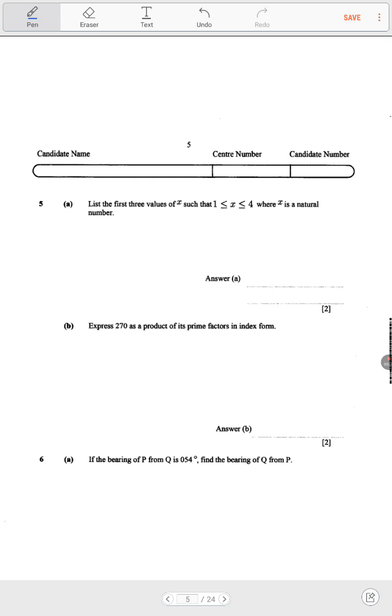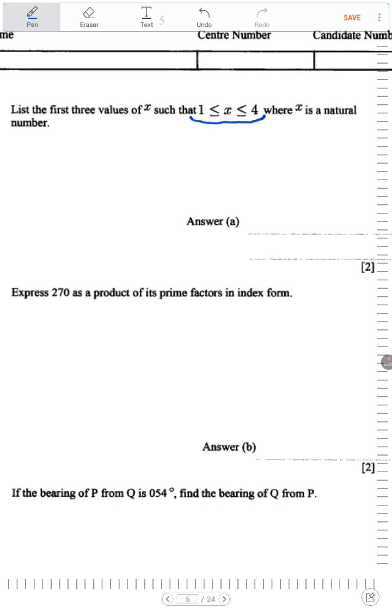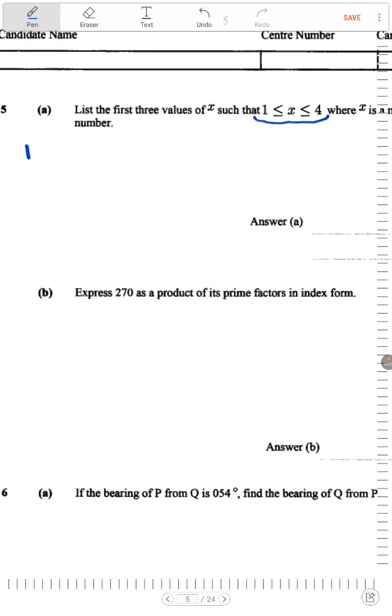Number 5a reads, list the first three values of x such that x is greater than 1 but less than or equal to 4, where x is a natural number. A natural number is a counting number, and the range represented here has 1, 2, 3, and 4.